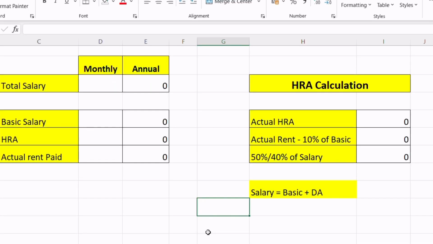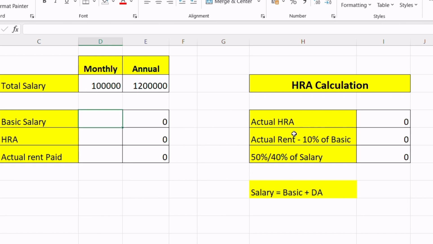Okay, let us look at an example and see how HRA calculation is done. Let us assume a salaried employee whose monthly salary is 1 lakh rupees. So here we feed 1 lakh and the annual salary becomes 12 lakh. Let us also assume that his salary consists of only two components, basic and HRA.